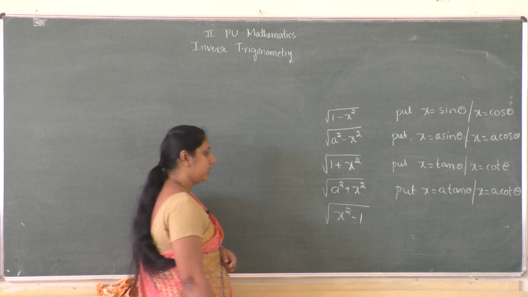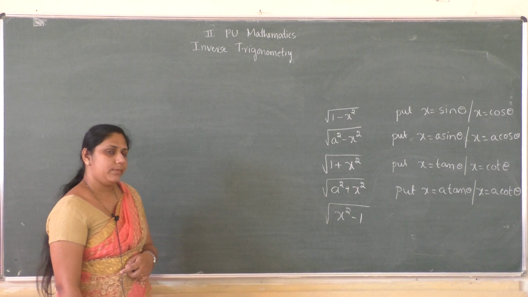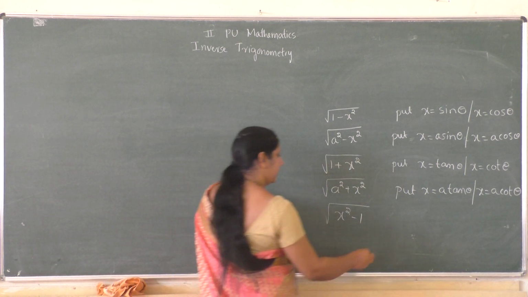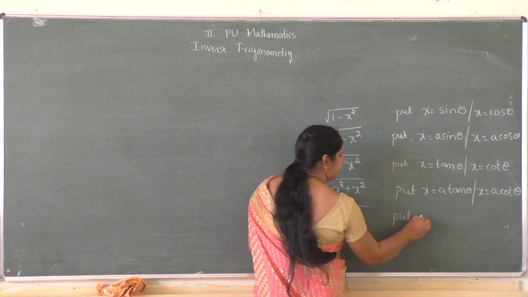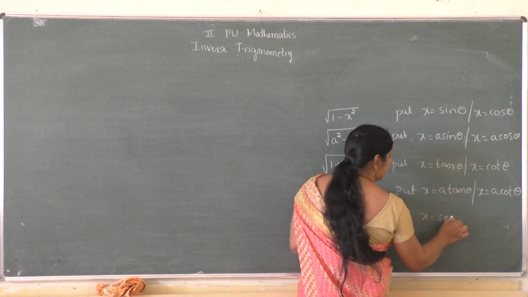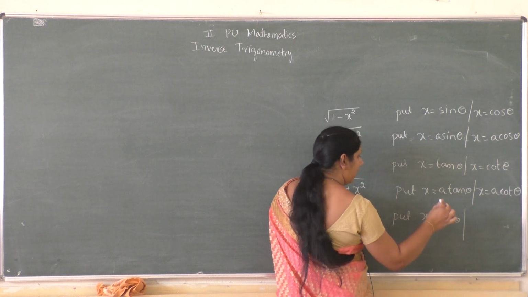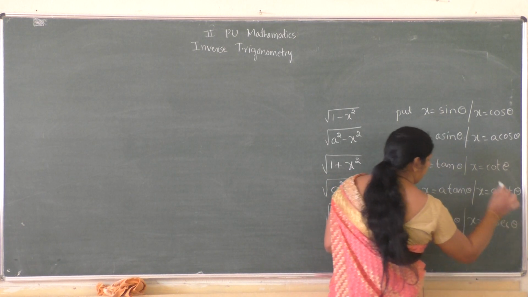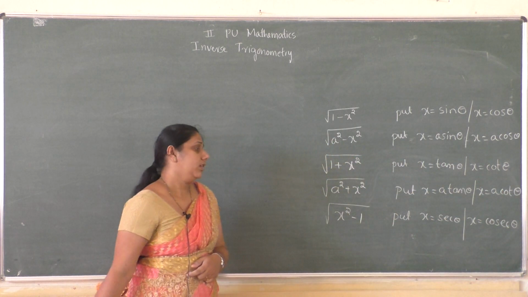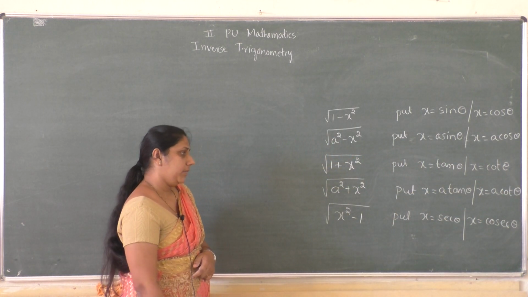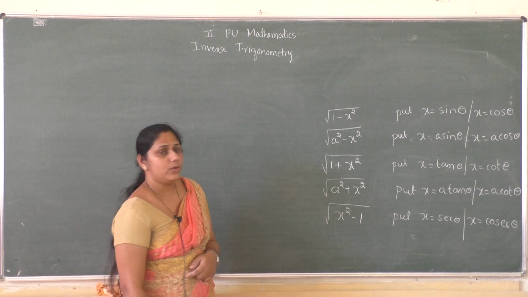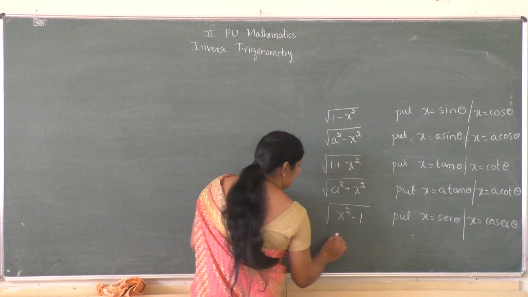if we have the term root of x square minus 1, you have to put x equal to sec theta or x equal to cosec theta. Root of x square minus 1, either you have to take x equal to sec theta or x equal to cosec theta depending on the problem.